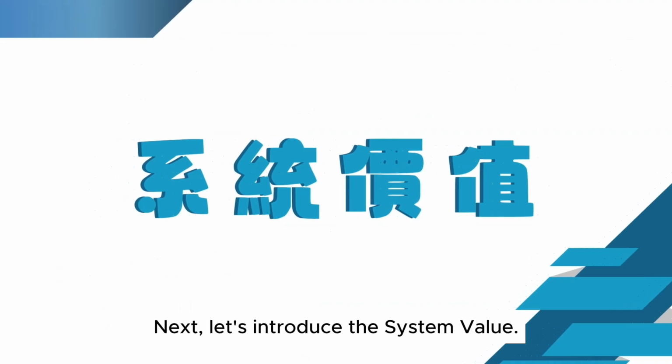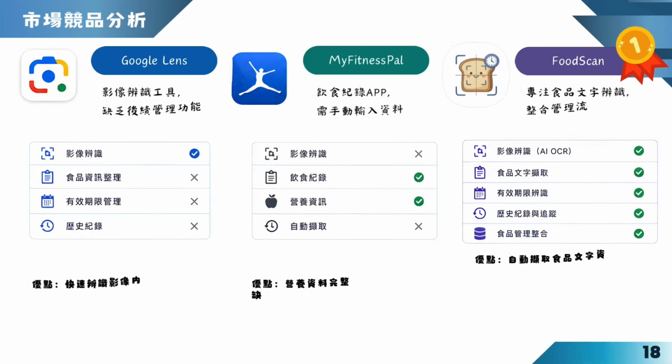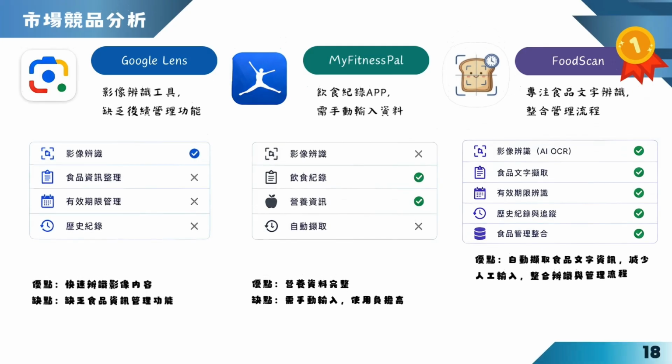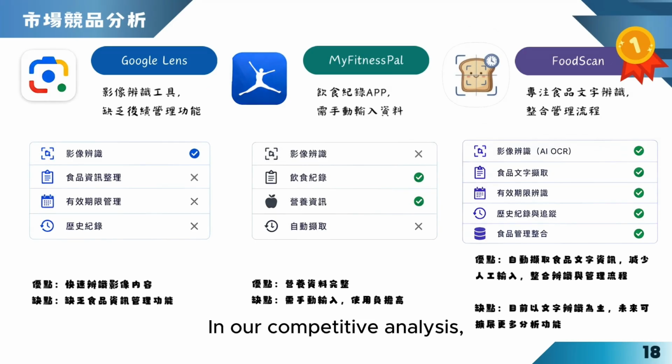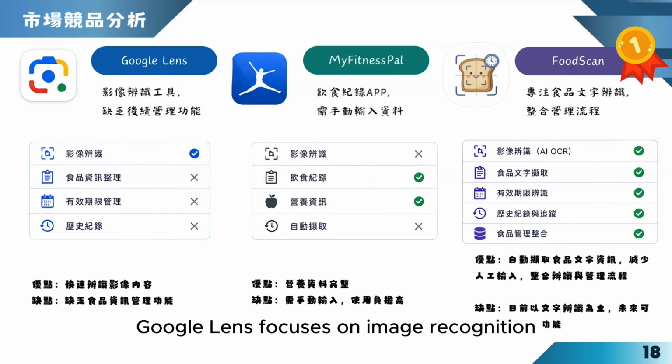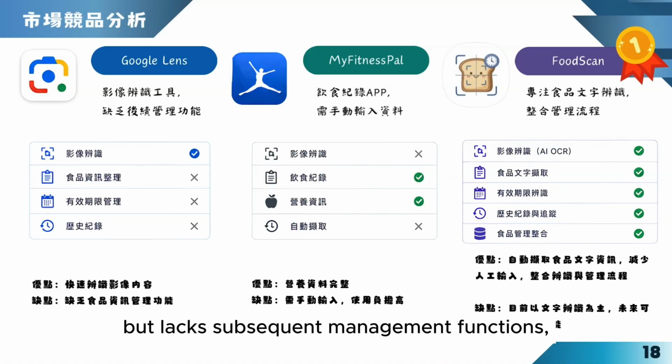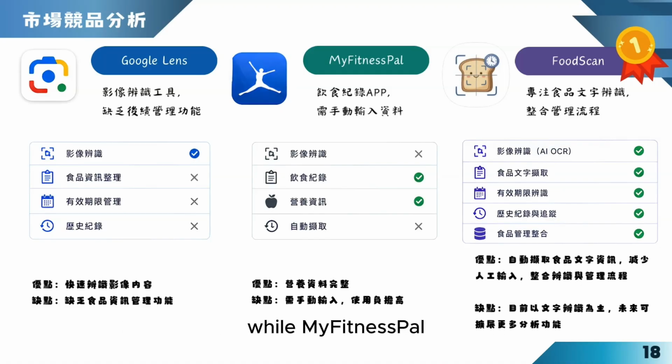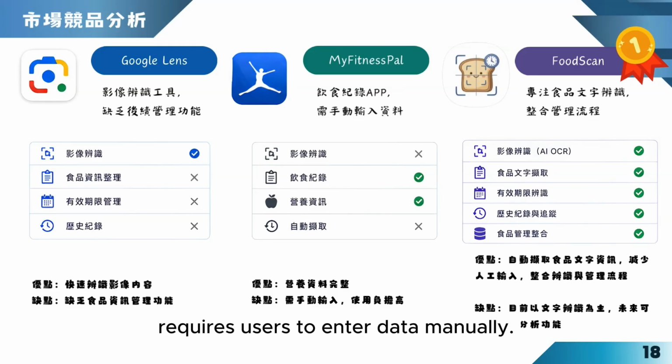Next, let's introduce the system value. In our competitive analysis, we compared our system with Google Lens and MyFitnessPal. Google Lens focuses on image recognition, but lacks subsequent management functions, while MyFitnessPal requires users to enter data manually.